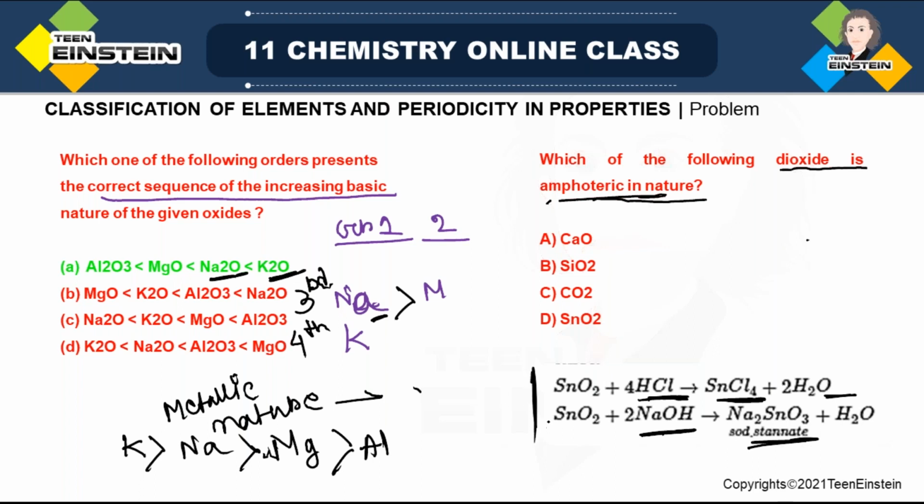So this reaction, that is the proof that here amphoteric character is shown by SnO2 but not the other elements. CaO is metal, it is basic oxide, SiO2 and CO2 are acidic oxides. Only SnO2, it is also in group 14, but as you move down, mostly it will show metallic nature, so it is amphoteric.